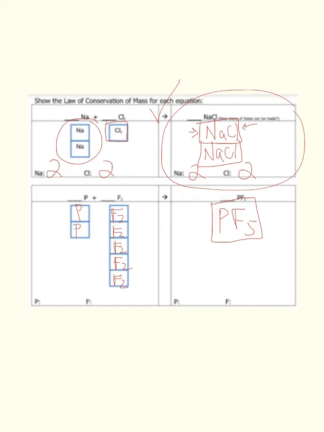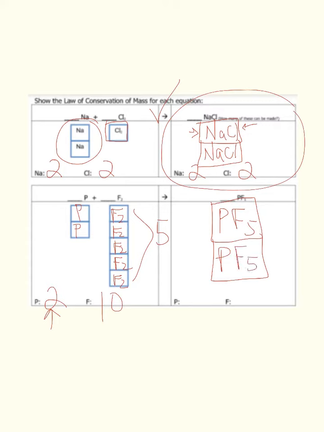On the left side, the reactant side, we know we have 2 P's. We have 5 boxes of F2, but each box has 2 F's, so I have a total of 10. I usually just pick an element to start with, so I'm going to start with P. And in one box of PF5, I have 1 P, so I know I need another.